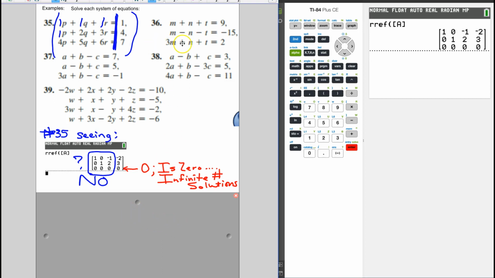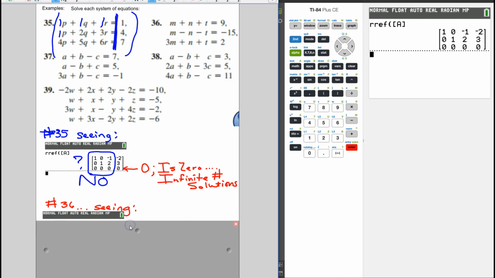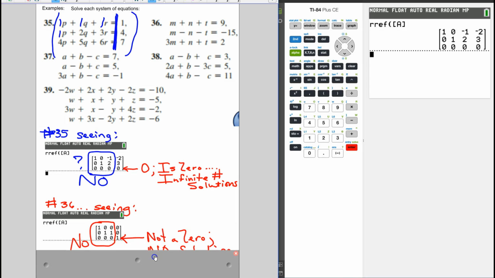Okay, now take a minute and try 36. Pause the video. Okay, and then start it back up. So on 36 now, you should be seeing, after you've done all the work, again, no diagonal of ones.